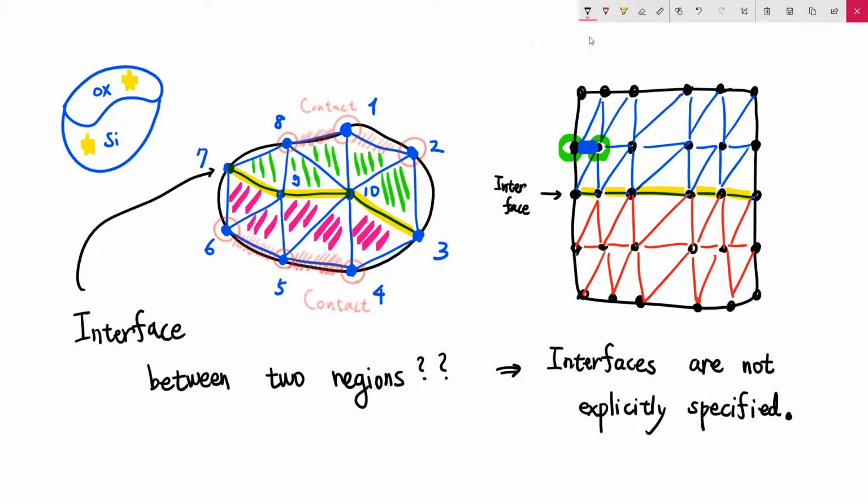But thing is, when you describe your structure with a certain file format, usually interfaces are not explicitly specified. Then what happens? Based upon the information you have, you just build one region and two regions.